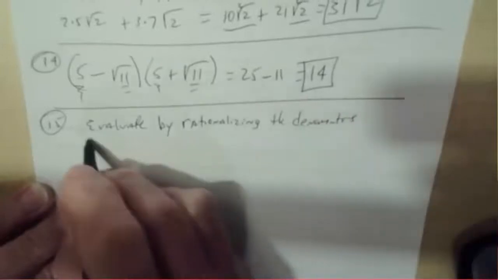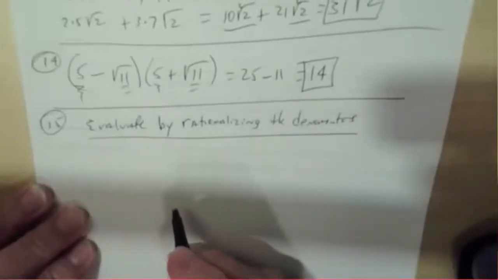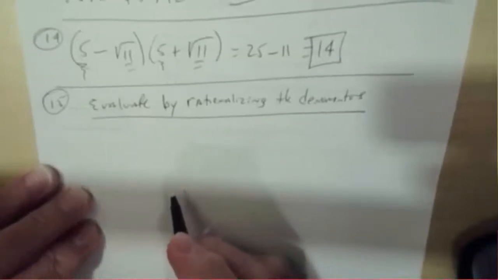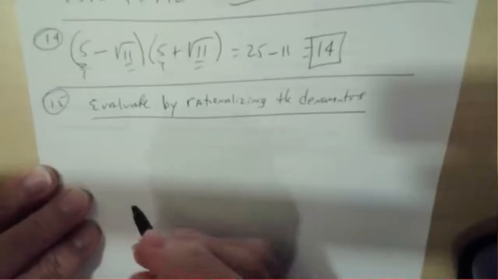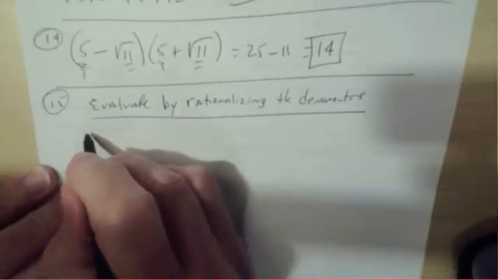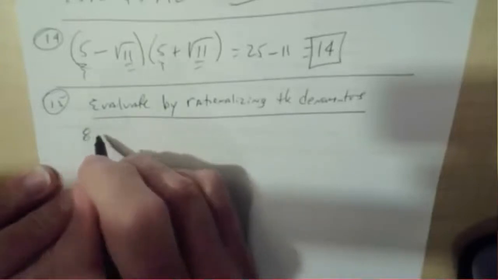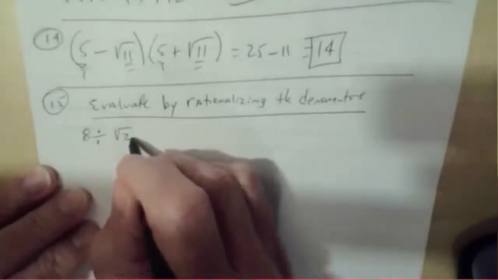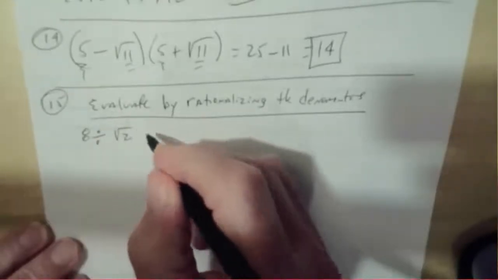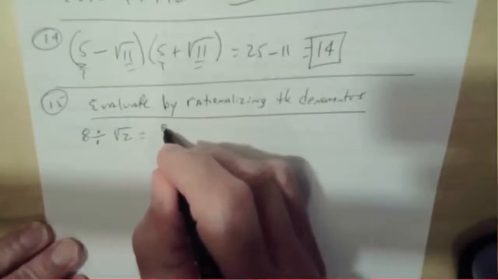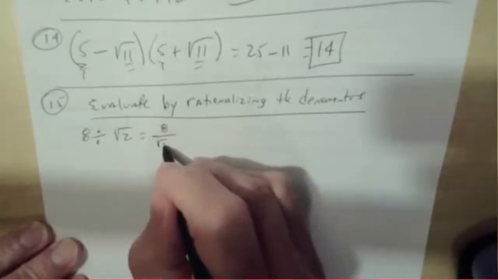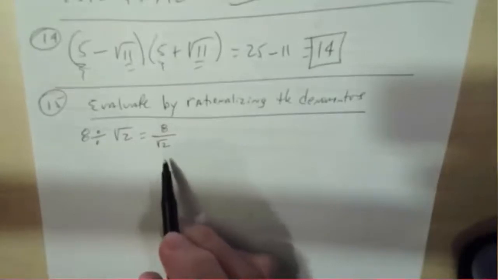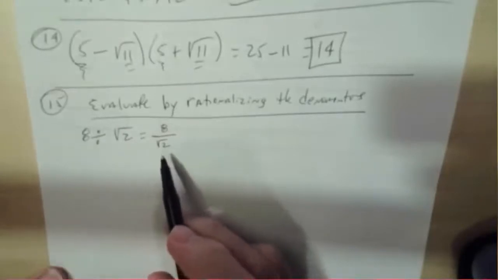Okay. Remember, we cannot have an irrational number in the denominator. So if we have 8 divided by the square root of 2, remember, we cannot have an irrational number in the denominator. Boy, that sounds nasty to me.